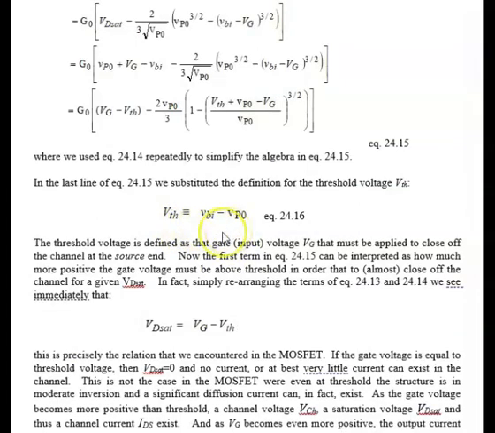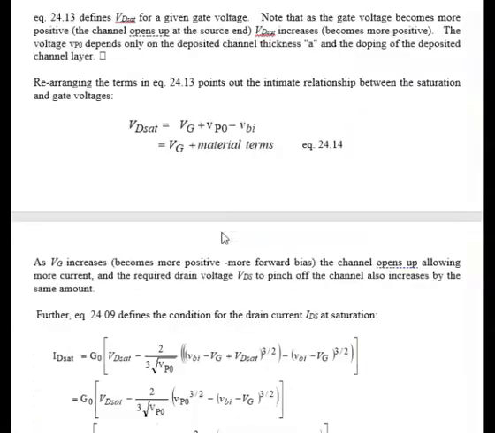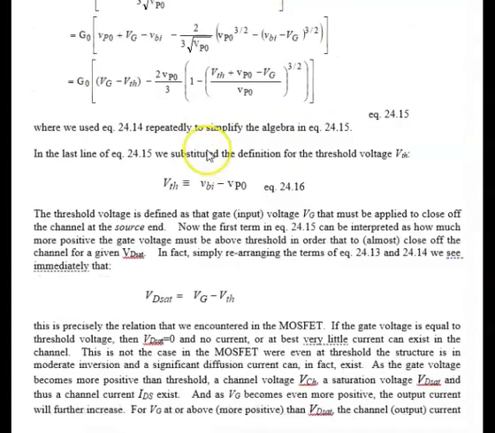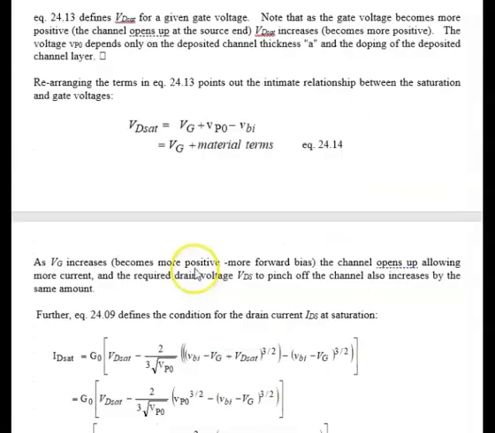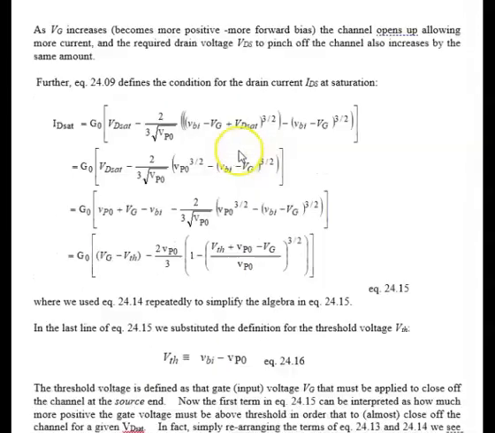So now we can rewrite this term right here, and look at that. Isn't that cool? If we define V threshold as VBI minus VPO, we have VD-SAT here equals VG minus V threshold, because V threshold is VBI minus VPO.